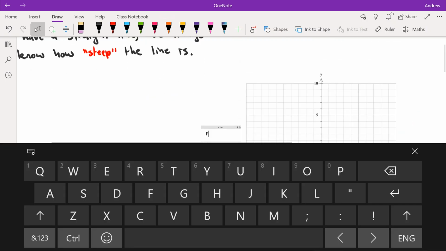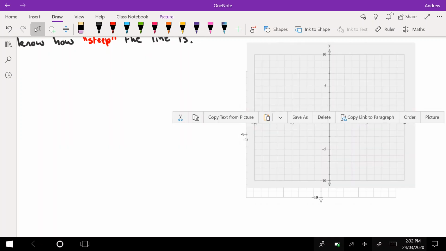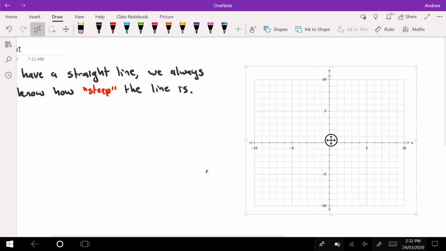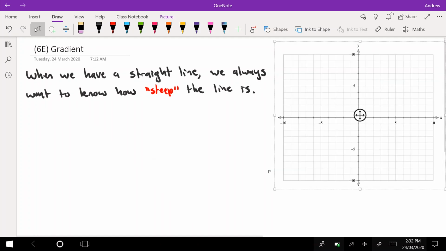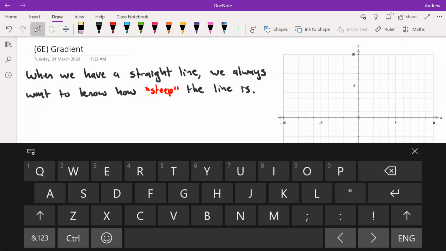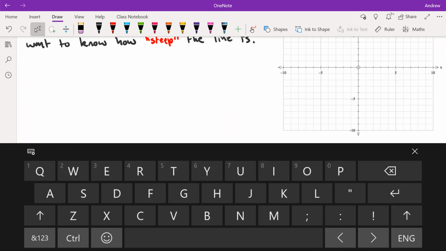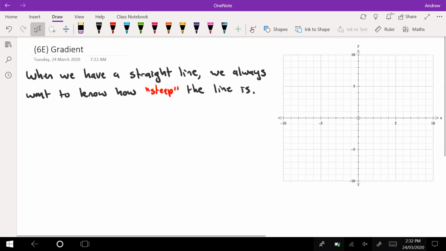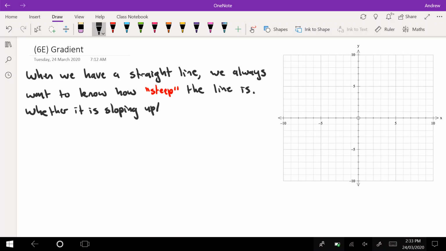So let me just move that around. Okay. There we go. So we have a straight line. We also know how steep it is, whether it is sloping up or down.